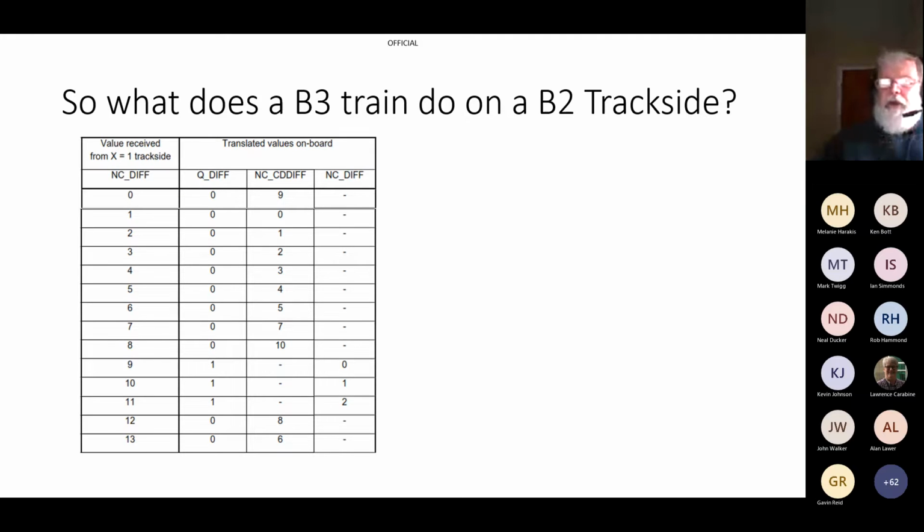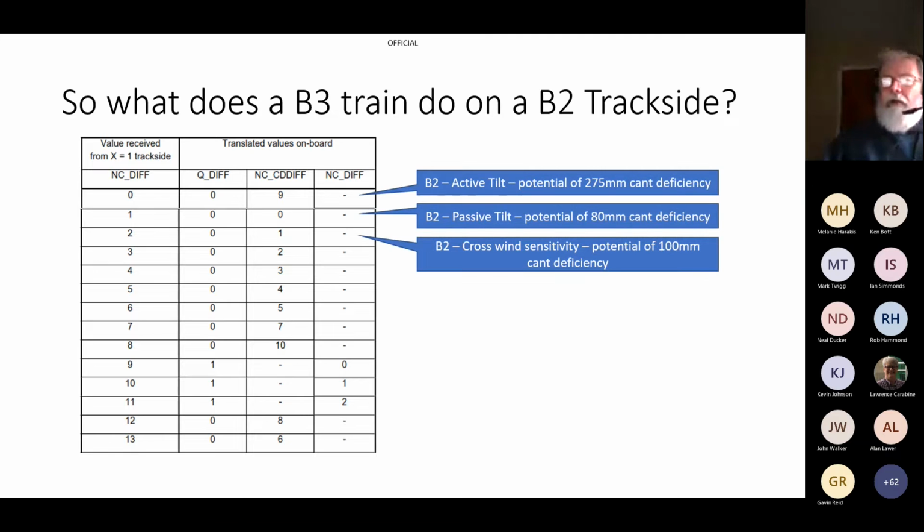But in order to do all the other calculations, it actually needs to work out what the equivalent other values are. So we have a translation table. You can see down the left-hand side the values that could come from an x=1 trackside and how they're translated in the onboard.